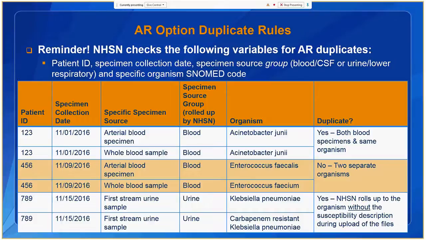It's important to note that for these new organisms added to NHSN that have the susceptibility description in the organism name, like carbapenem-resistant Klebsiella pneumoniae, NHSN will roll those up to the organism without the susceptibility description. So when you upload that into NHSN, it will automatically roll that up to a Klebsiella pneumoniae, and therefore that will be considered a duplicate.